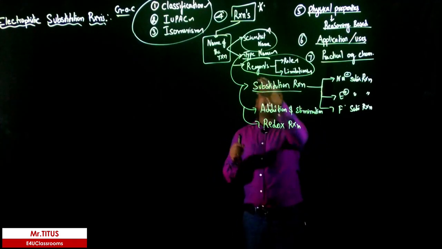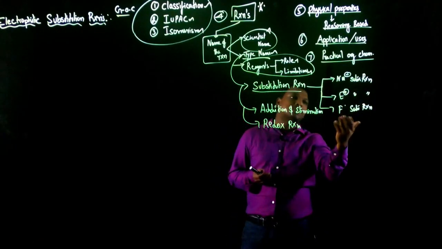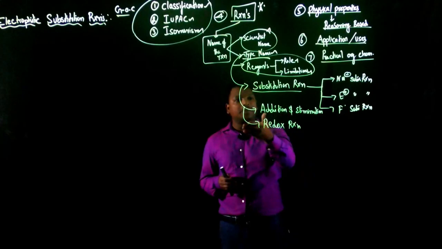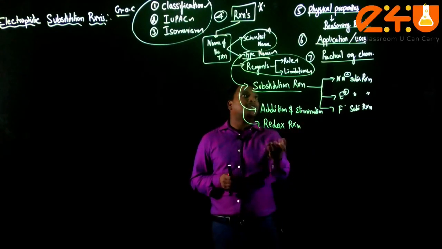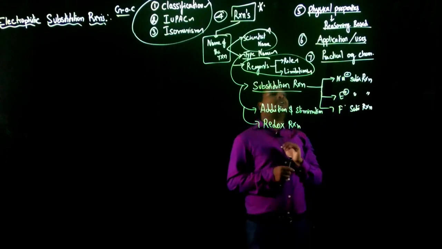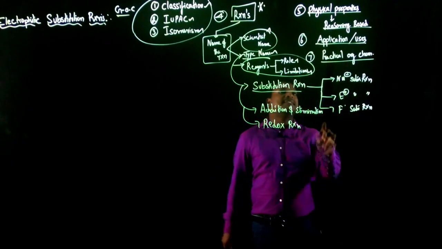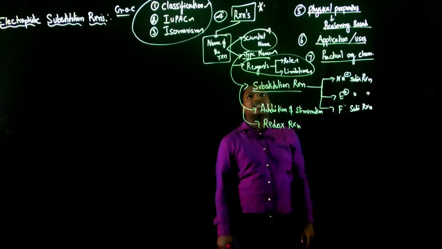The type can be substitution, nucleophilic, electrophilic or free radical, or addition-elimination, or redox. The fifth topic is physical properties, the sixth is uses or application based, and the seventh is practical organic chemistry.